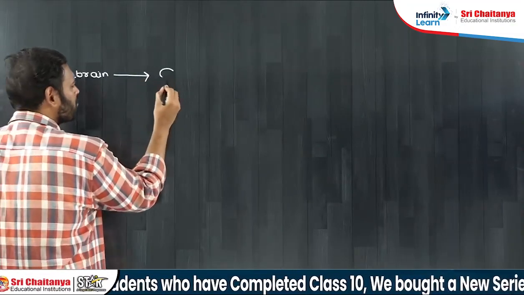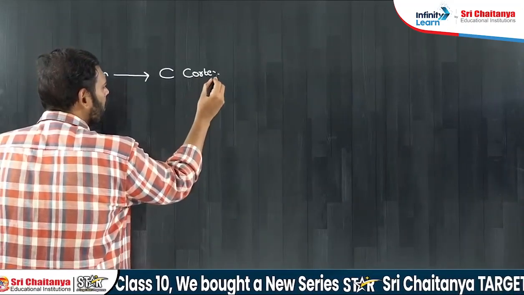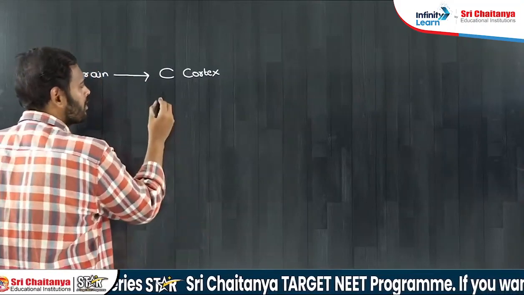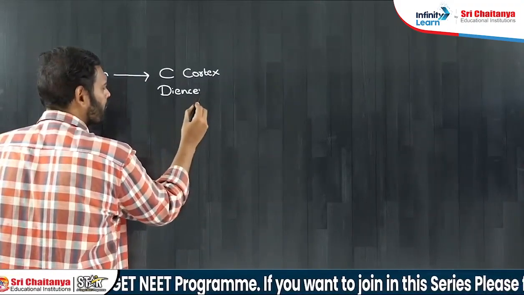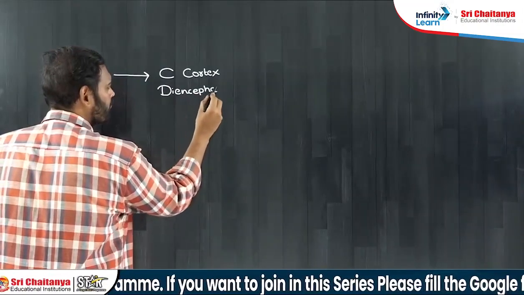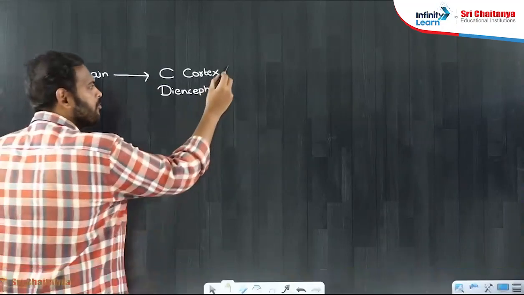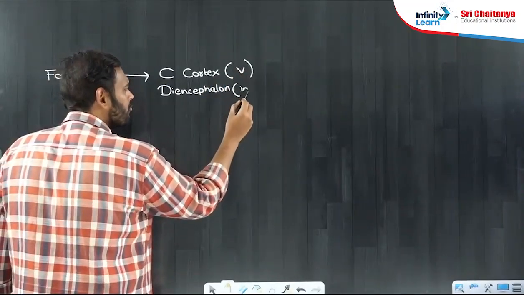It has the cerebral cortex, which is pinkish gray and visible, and an invisible part known as diencephalon. This is the visible part of the forebrain. This is the invisible part of the forebrain.